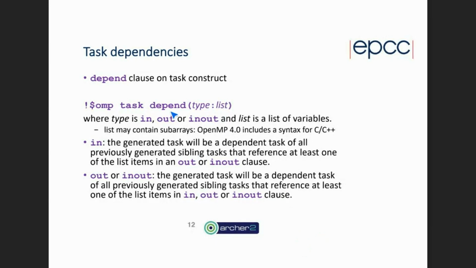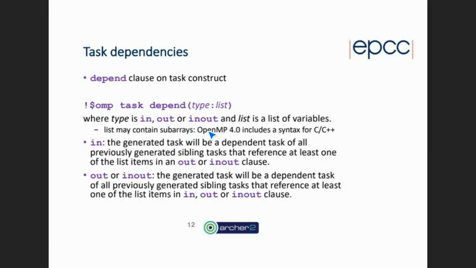So the depend clause takes a dependency type, colon, a list of variables. The type can be in, out, or inout, and the list is allowed to contain subarrays. OpenMP includes a syntax for subarrays in C and C++.